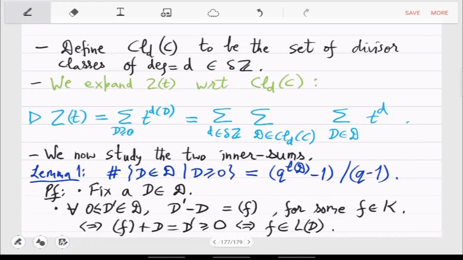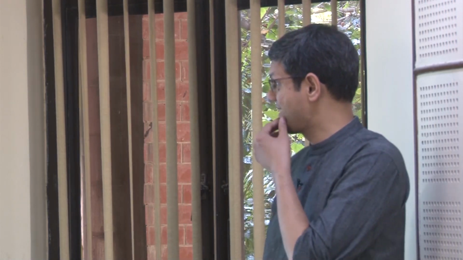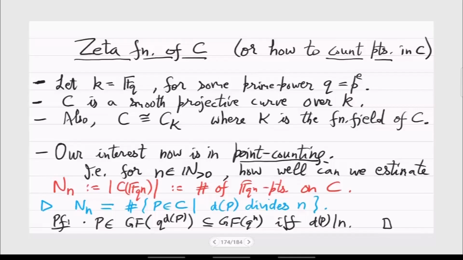So then, last time we started the zeta function of smooth projective curves.